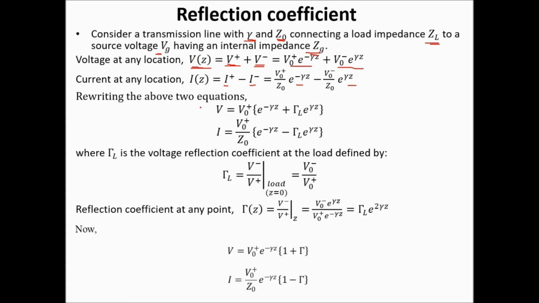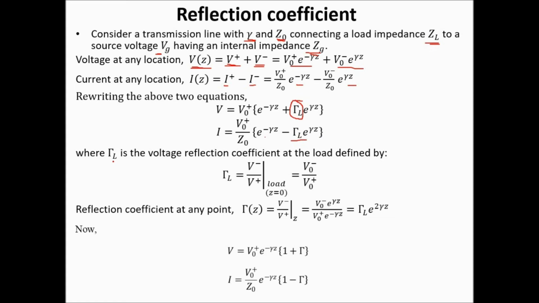Now if we rewrite these expressions for voltage and current, we can take V0 plus as a common factor, and we will get e to the power gamma z times one plus gamma L e to the power 2 gamma z, where V0 minus over V0 plus is replaced by the reflection coefficient at the load. Similarly, the current can be written as V0 plus over Z0 e to the power minus gamma z, and the ratio of this will be gamma L e to the power 2 gamma z.